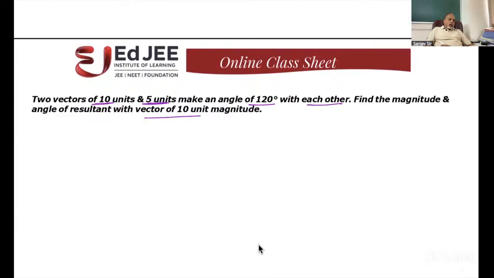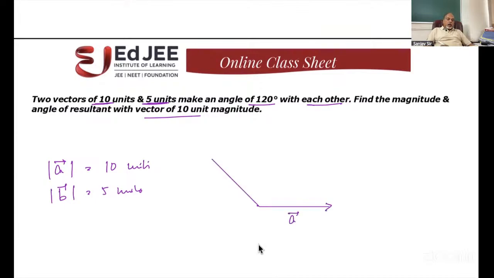So, let us take vector A is basically 10 units, B is basically 5 units, and they make an angle of 120 degree.